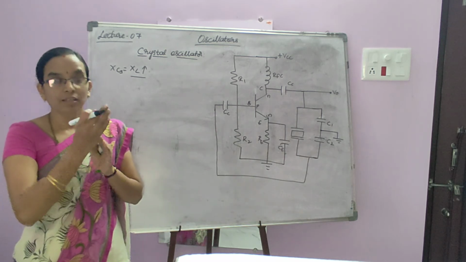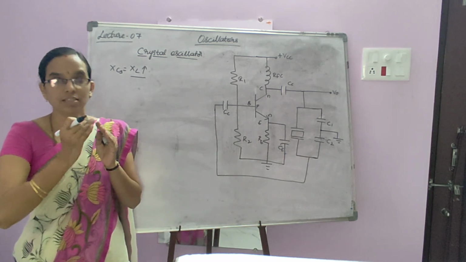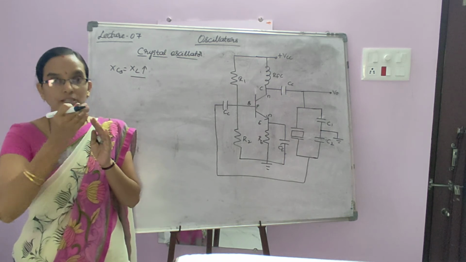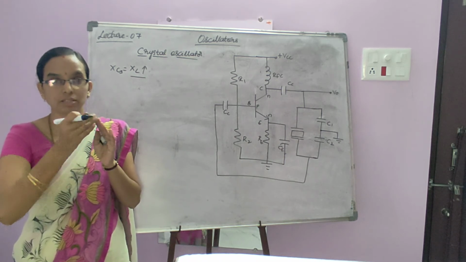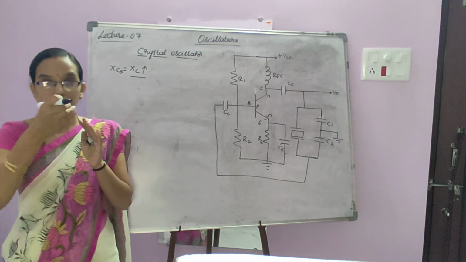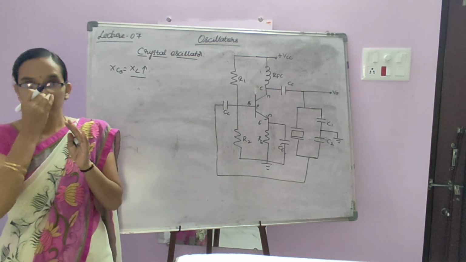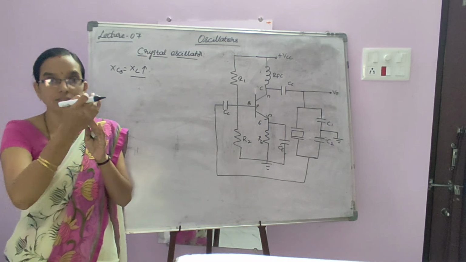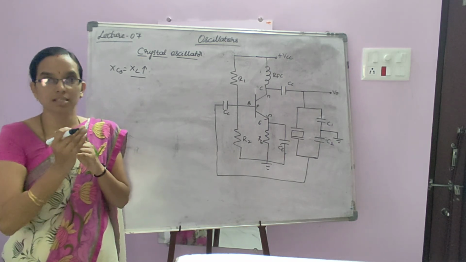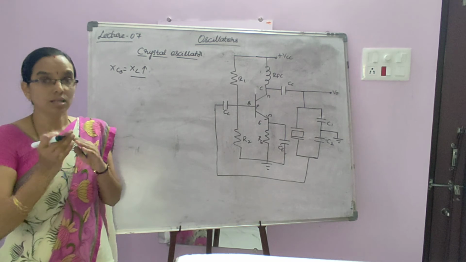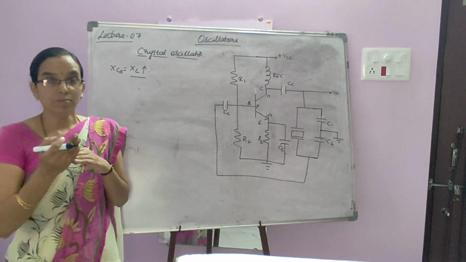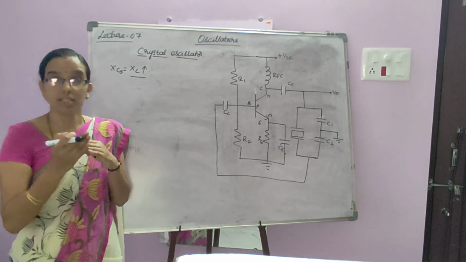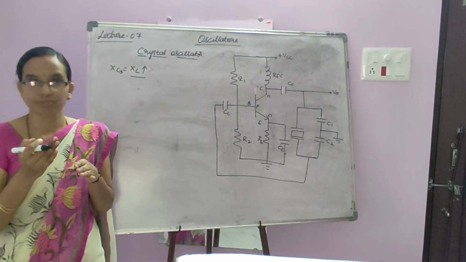At that time, the parallel combination of CM and CS reduces the capacitance, so the capacitor decreases. So at that time frequency increases. If the frequency increases, inductive reactance increases. So at the parallel resonance, the circuit behaves as inductive.